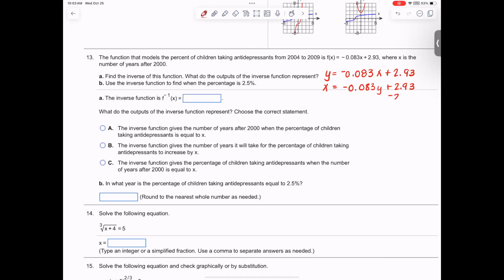So I'm going to subtract the 2.93 from both sides. And then I'm going to divide both sides by -0.03. And I could leave it that way. That is a perfectly fine answer.